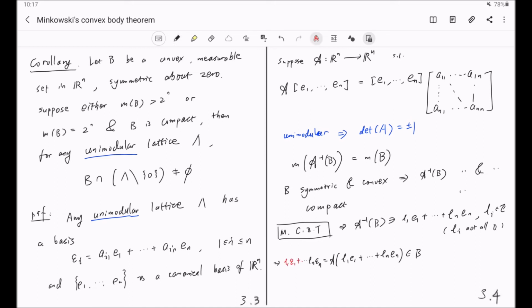And this vector on the left hand side is non-zero, and at the same time lives in lambda, because script E1 through script En form a basis of lambda. So this is in lambda. And we are done. This shows that lambda has a non-trivial intersection with B. By non-trivial, we mean that B contains a non-zero element of the lattice lambda.